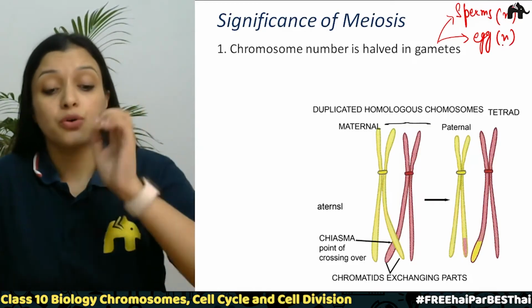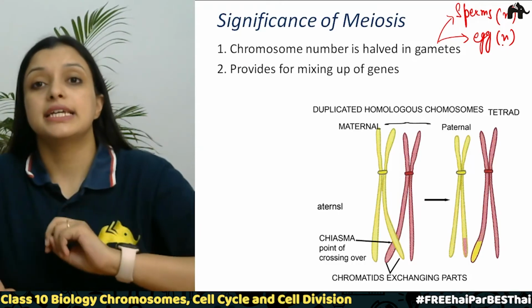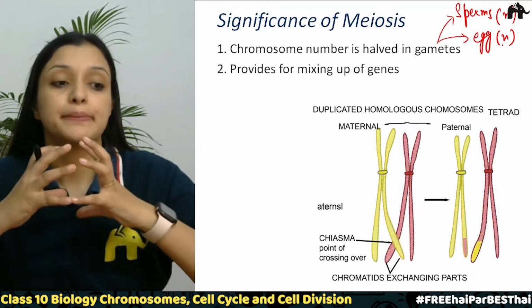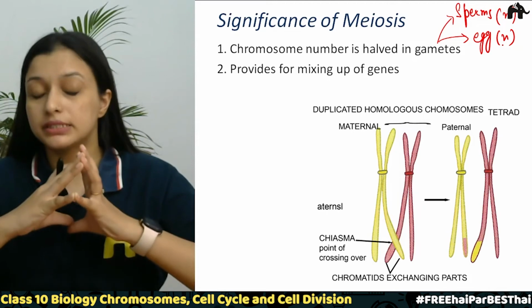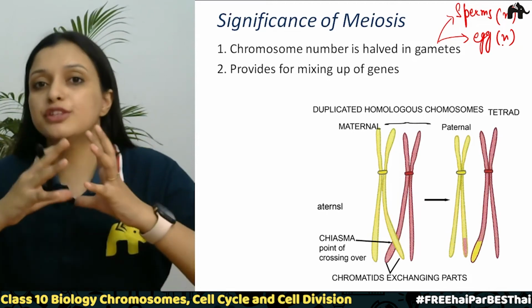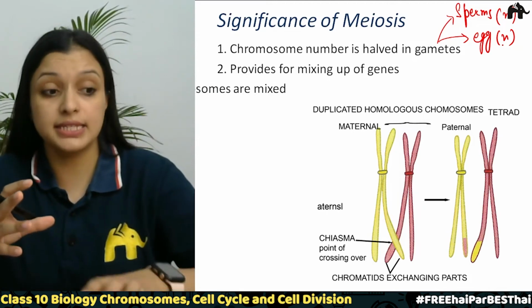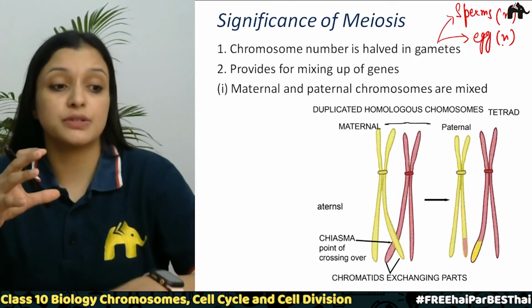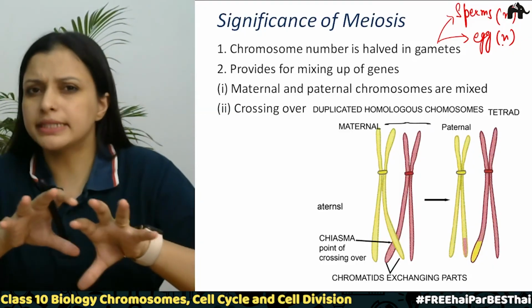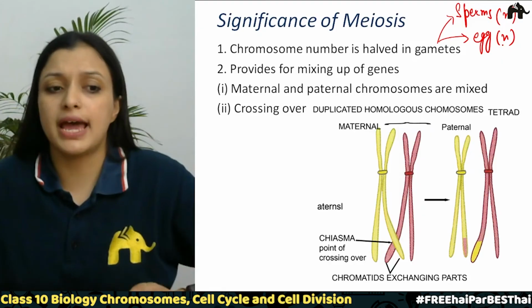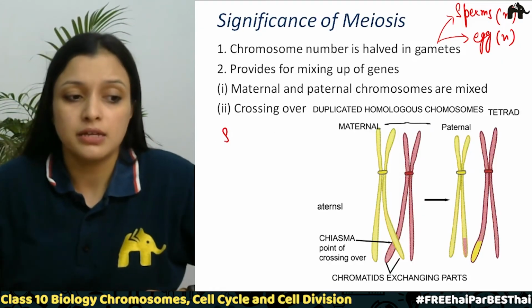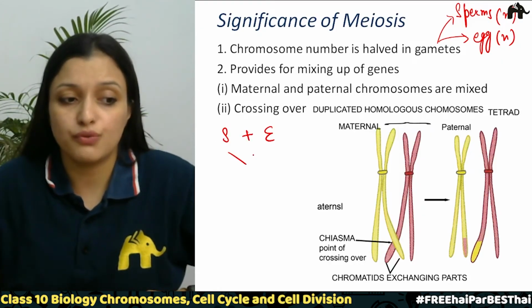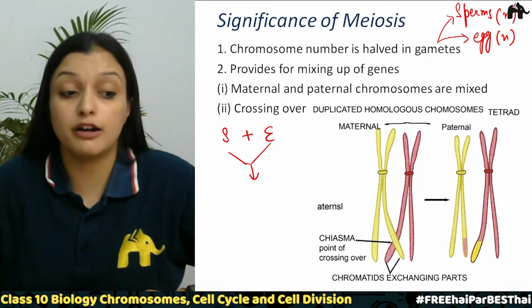So the chromosome number will be reduced to half, that is they will be haploid, that is n. Correct? Now the second thing is this provides mixing up of genes. Now what happens when fertilization takes place? So during fertilization, the sperm and egg will join, will fertilize.